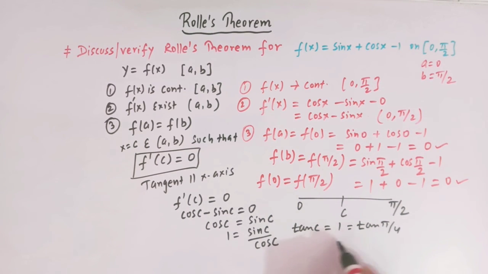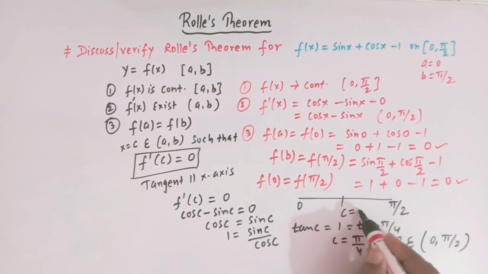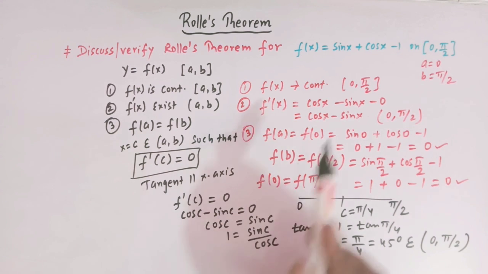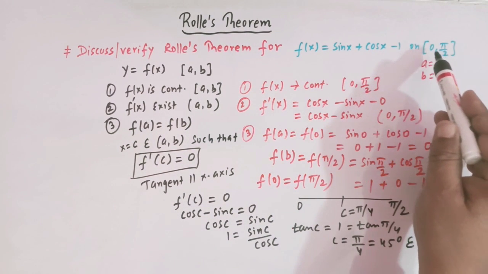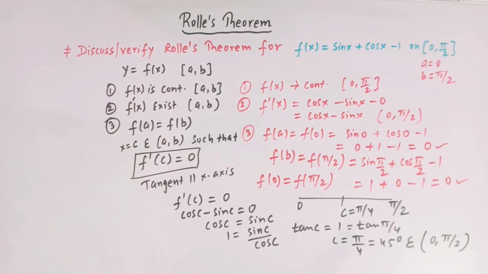So we have c is equal to pi by 4, which belongs to this interval, that is 0 to pi by 2. Obviously pi by 4 lies between 0 and pi by 2. So this is how we can verify Rolle's theorem for this function in this interval, from 0 to pi by 2.